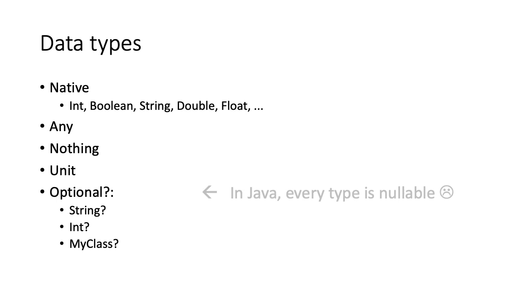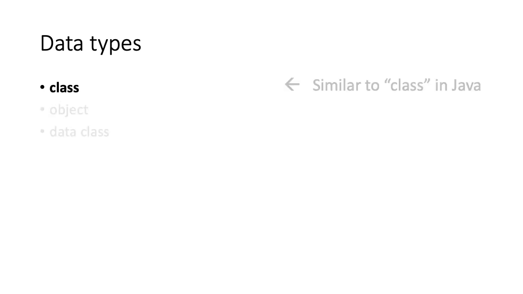In Java, a string, for example, can be assigned a null. Same with any class can be assigned a null. And hence, there's always a risk of null pointer exceptions. In Kotlin, however, since they are different types, nullable types are handled differently. And we will see that in the coming slides.